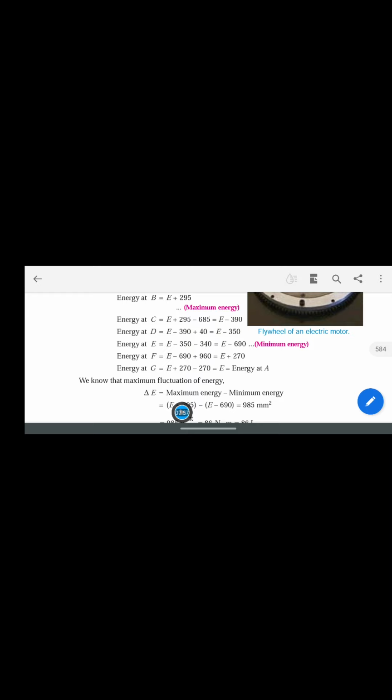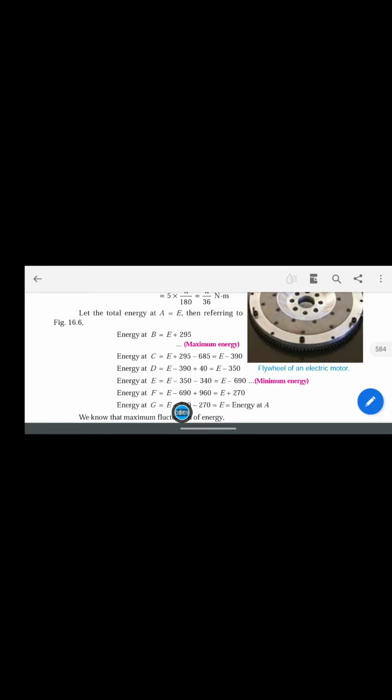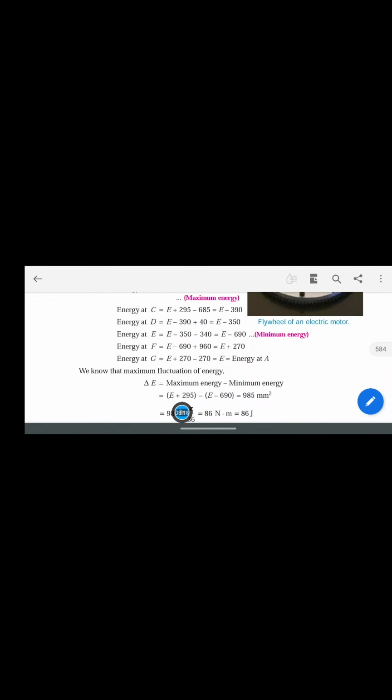If you don't get the capital E value at the last point, nothing but energy at the last point must be equal to the energy at the starting point. We have assumed that the energy at starting point A is E. The last point is G, so energy at G should also come as E.